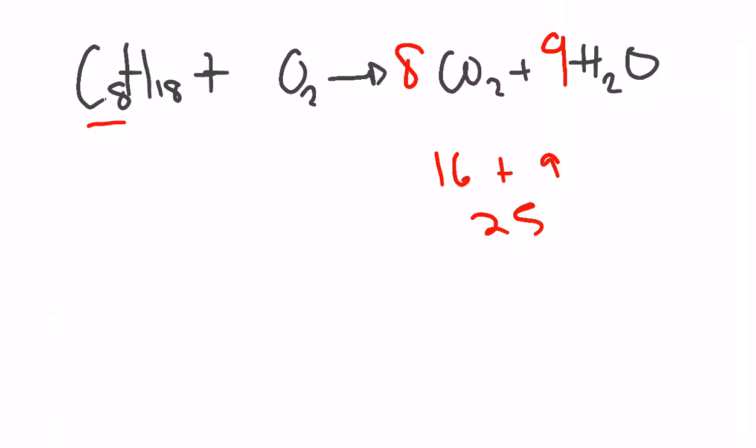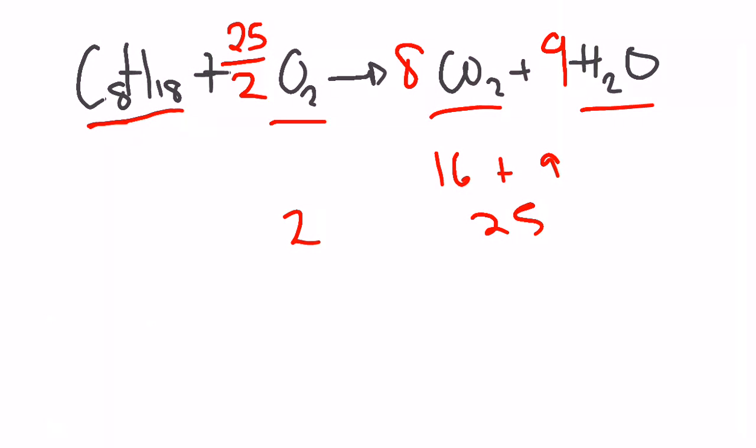Now on the left-hand side, on the reactant side, we only have 2 oxygens. So we need to think of a way that we could make the oxygen the same on each side. So one way to do it is to put the coefficient 25 divided by 2 in front of oxygen. And then we are going to multiply each coefficient in front of each molecule by 2 to get a whole number.